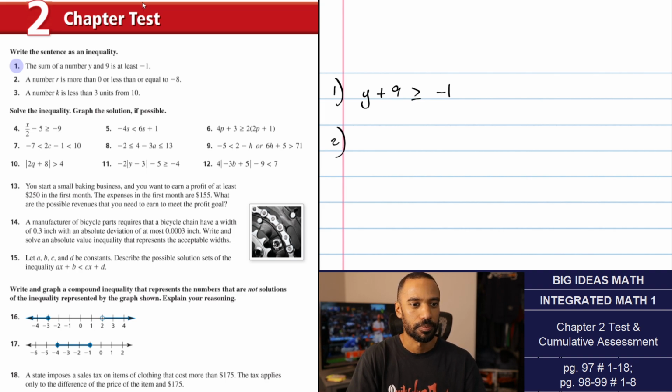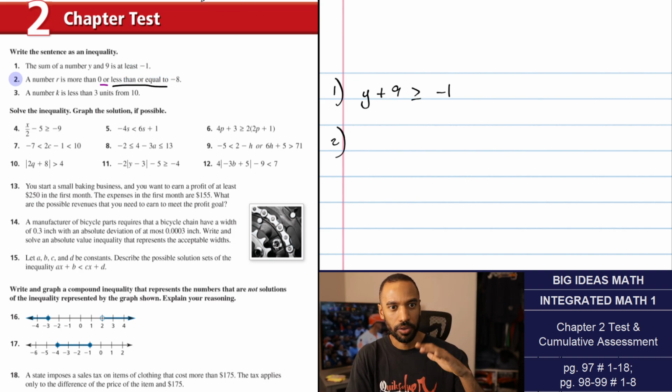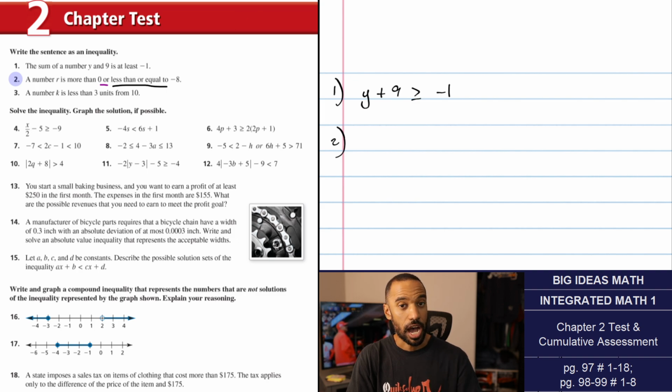Number 2, a number r is more than 0 or less than or equal to negative 8. Now, there are a couple ors here. It's more than 0 or, and then here it says less than or equal to. So that phrasing is where you get to the inequality. But here's the thing. This is a compound inequality. This or is for the compoundness.